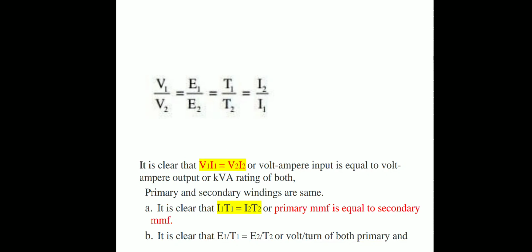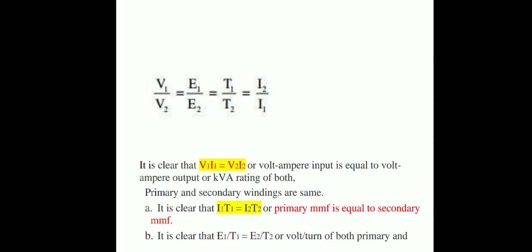This is the famous transformation equation. Those who have studied basic electrical engineering or the first chapter of transformer must know this. It is very popular: V1 upon V2 is equal to E1 upon E2 is equal to T1 upon T2 is equal to I2 upon I1.